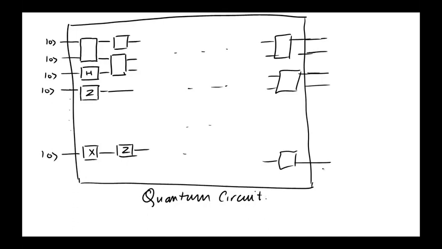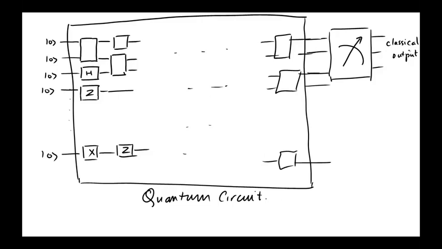These are the outputs of the quantum circuit. And now what we might want to do is measure these bits. It could be that we only measure some of these qubits. So we select some of these qubits, maybe these ones, and we put in a measuring apparatus. And then as output we get a classical string. Okay, so that's a quantum circuit.